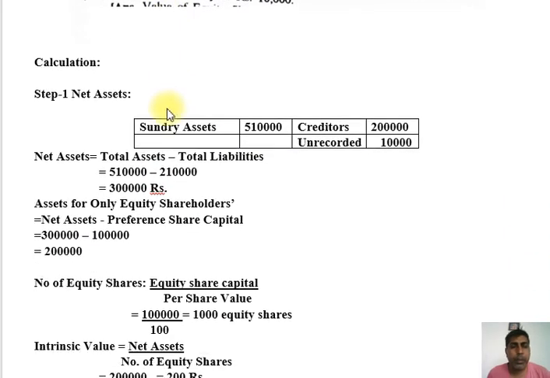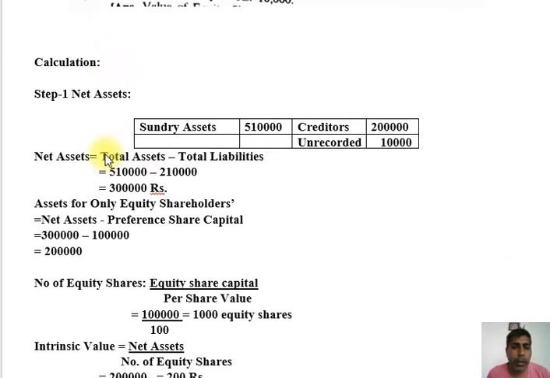Friends, when you calculate the example, you must find out the intrinsic value, your fair value, your market value of equity shares, not preference shares. If it is specified or clarified in the example, then you calculate the value of preference shares.